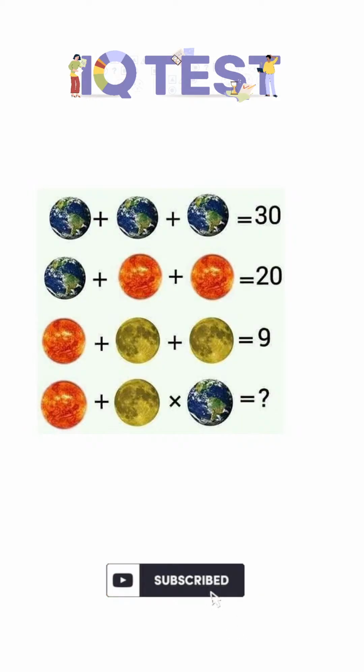We have 3 earth is equal to 30, 1 earth, and then 2 sun is equal to 20. Then 1 sun plus 2 moons is equal to 9. So we have to find the sun plus the moon multiplied by the earth. So guys, what is our answer?